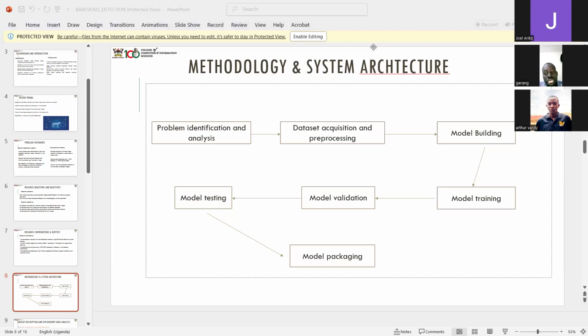Afterwards we build a model, then we train it, then we verify it, then we test the model, then we package the model. After doing this, we can go on and build the website to detect babesia or babesiosis in the microscopic images that will be uploaded. Next slide, please.